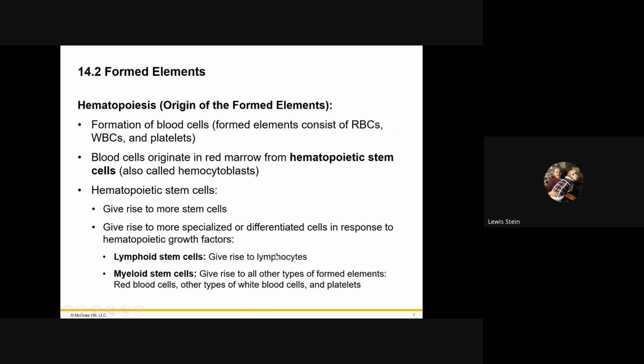Lymphocytes and monocytes have granules in them too. They just don't stain visibly. We know there are chemicals in them, and maybe they're revealed by electron microscopy. So we call the white blood cells in this line granulocytes because you can see the granules, and we call these agranulocytes, the A meaning without, all one word.